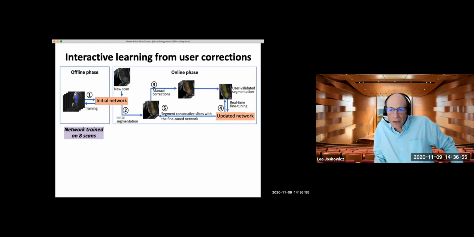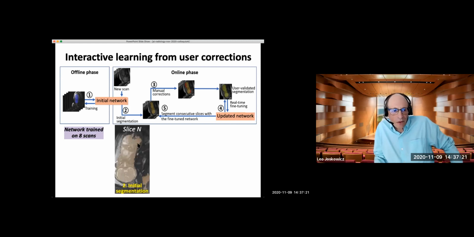You're going to ask the radiologist to make manual corrections, and you're going to get a network that learns specifically on this scan what the corrections were, okay? Because now you can take the user-validated segmentation and the segmentation of that specific slice that was generated by your network, and you're going to overfit the network to do the corrections that you have here.